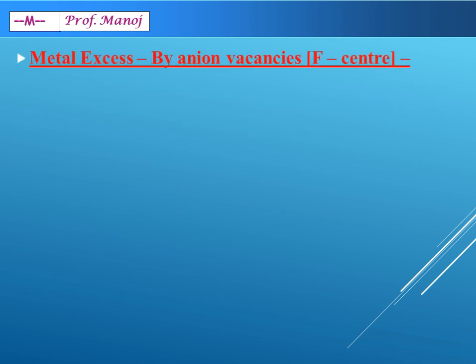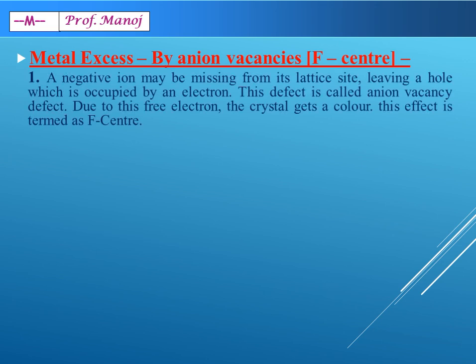First is called metal excess or anion vacancy, also known as F center. Imagine this very carefully. A negative ion may be missing from a lattice site, leaving a hole which is now occupied by an electron.